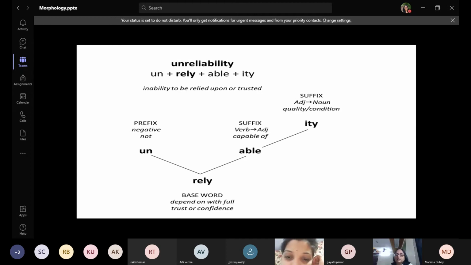So by adding a suffix to the root word rely, it becomes reliable. And this word reliable has got two morphemes, rely and able, right? And the word class is changed. From verb it becomes adjective.